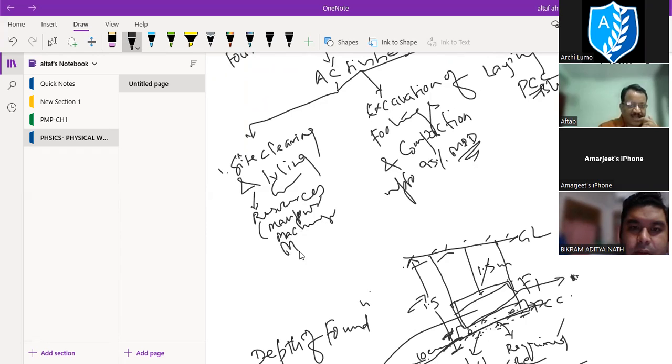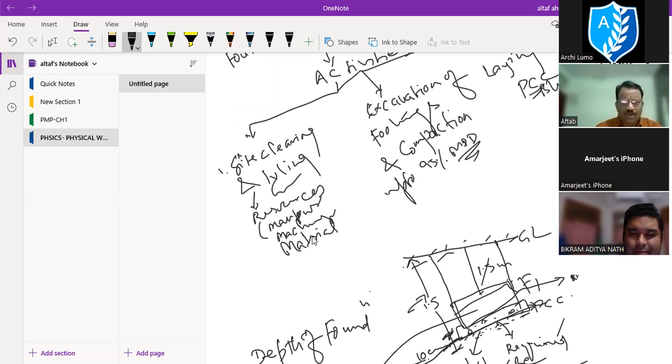Material: maybe once you excavate, the same material you can transfer to the deep part, or sometimes you have to borrow material from outside and make it level if it is very undulated. If it is not possible from the excavated part alone, you have to borrow material.